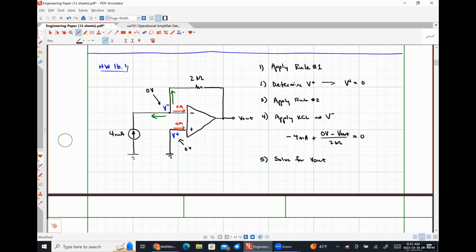And then lastly, I will solve for V out. So solve for V out either using the numerical solver on your calculator or the 2 algebraic steps necessary to make this give you a number.